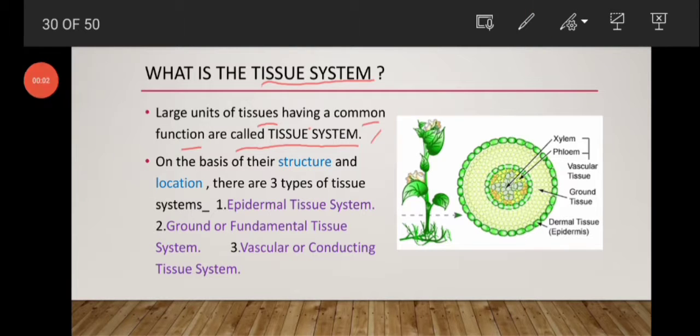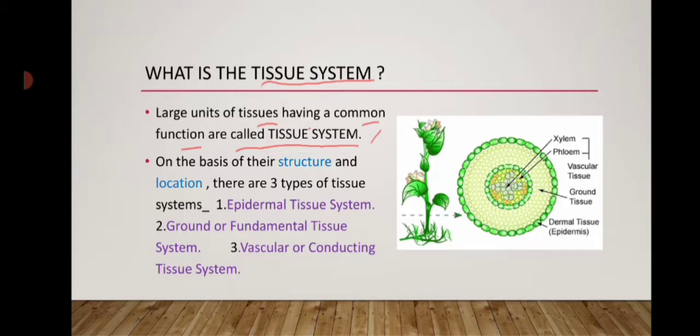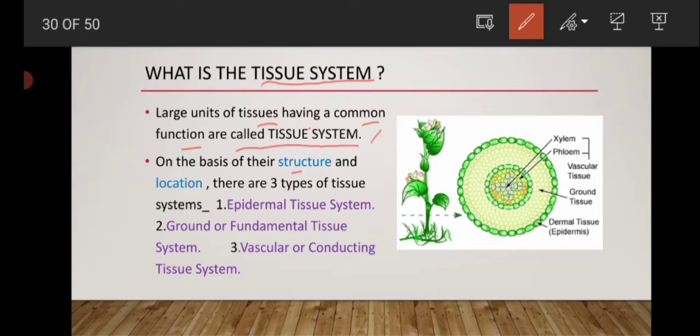Now on the basis of their structure and location, there are three types of tissue system we can see. First one is epidermal tissue system. It forms the outermost covering of a plant. Here you can see it is just like an outermost covering of the plant body. So this is known as epidermal tissue system.